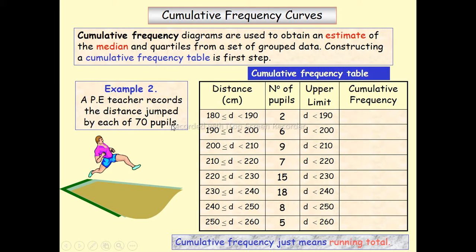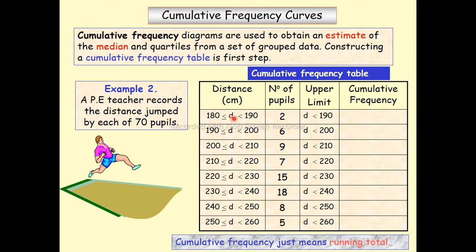Pupils means what? What's another word for pupils? Students, yeah. Not pupils as in eye pupils, but students. So this teacher is recording how far they jumped.